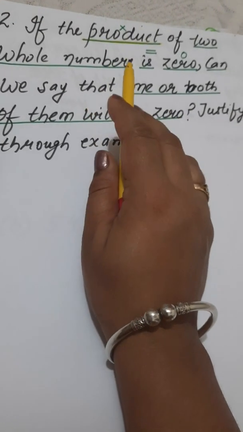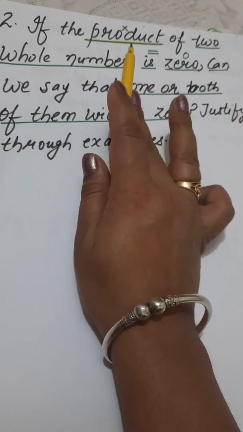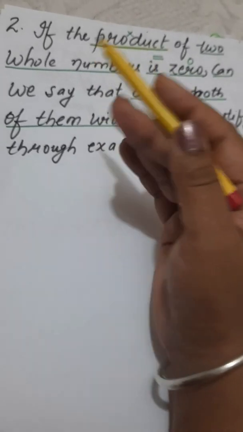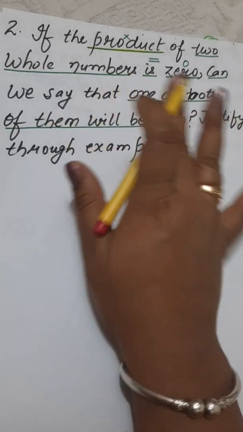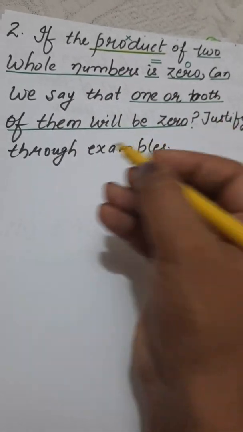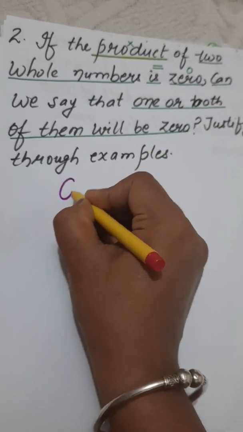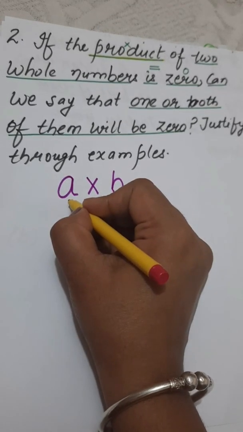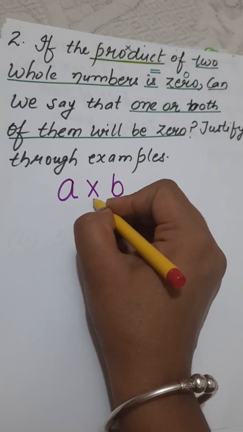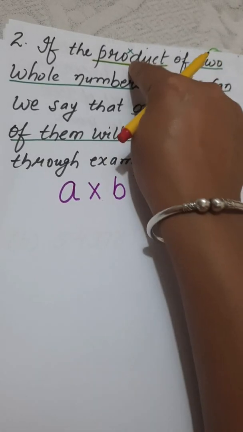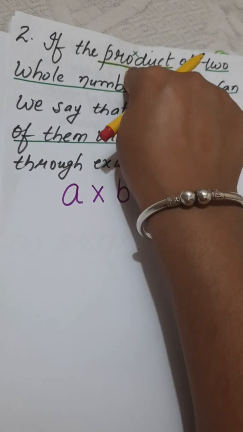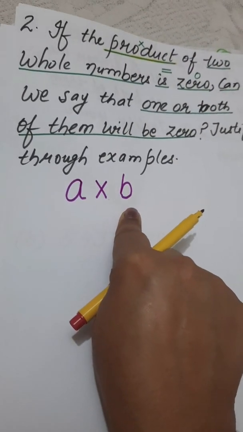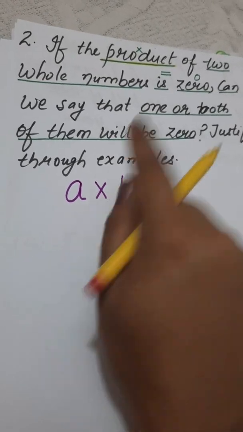Now the meaning of the first line is, if the product of two whole numbers is 0. But what are the whole numbers? It is not given, so we will take any variable, say A and B. A is the first whole number. Why do I write multiply? Because here it is written the product of two whole numbers, so I have to multiply.